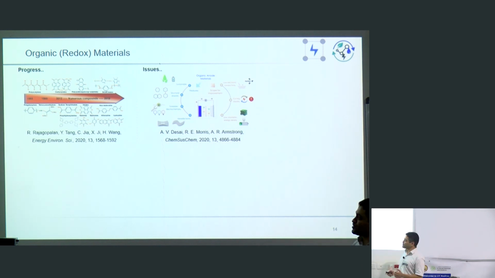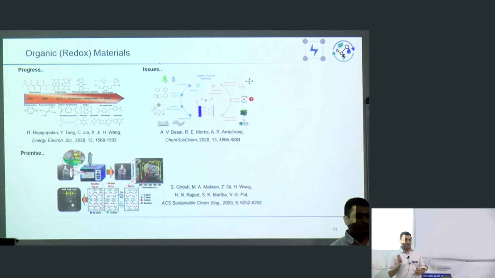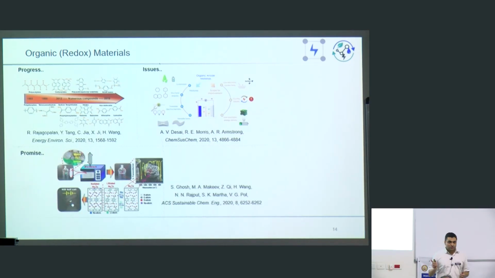So there are some limitations, but if these benefits are not enough to convince you that these materials are important, you can look at this particular paper that came a few years back. They showed in the proof of concept studies, they just took waste plastic bottles, they converted waste plastic bottles into sodium terephthalate, and they just put sodium terephthalate to cycle against both lithium and sodium. And they found that you actually start getting capacities that are reasonably same as you would expect for a pristine material, which is this idea of recycling commercial waste.